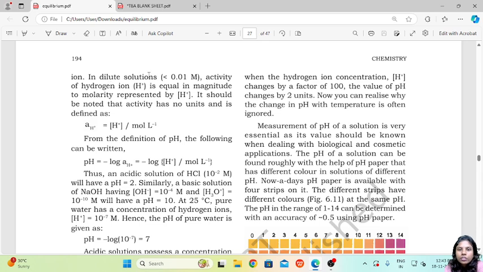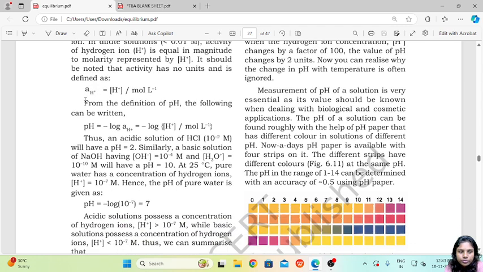In dilute solutions, less than 0.01 molar, the activity of the hydrogen ion is equal in magnitude to the molarity represented by [H+]. It should be noted that activity has no units, and a_H+ is defined as the concentration of H+ per mole per liter.